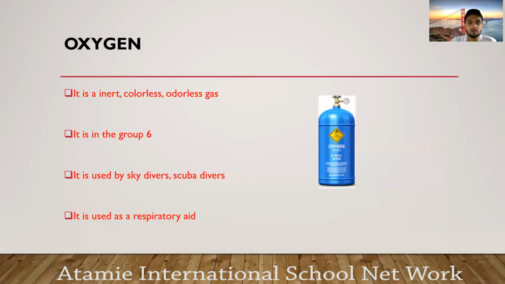Then we go to the next one, which is oxygen. Oxygen is similar to nitrogen, a colorless, odorless gas. It is in group 6, which means it has 6 electrons in its outer shell. Easy. And then the uses. The uses of oxygen are pretty simple. In hospitals they use oxygen gas as a respiratory aid if a person is unable to breathe.